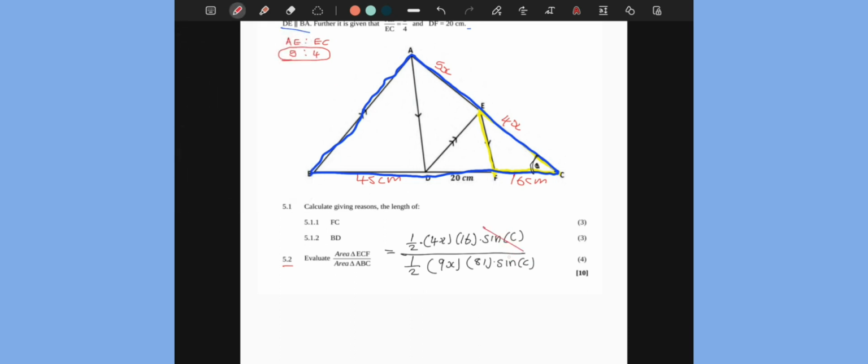Now sine C cancels out, x and x cancel out, half and half cancel out. So finally I'm left with 4 by 16, which gives me 64, divided by 9 by 81, which gives me 729.